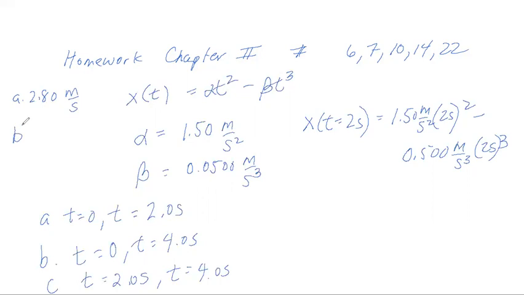For B, we just change this to 4 and this to 4, and you're going to get 5.2 meters per second.